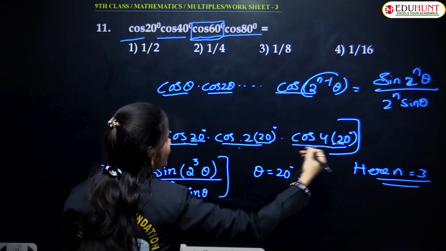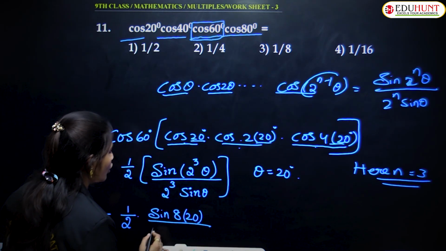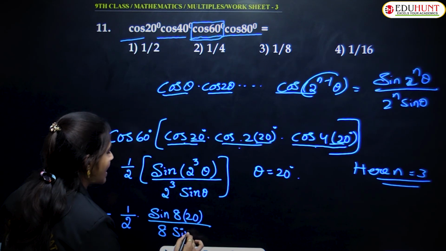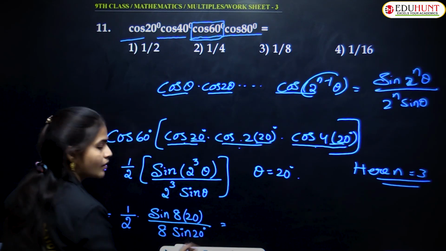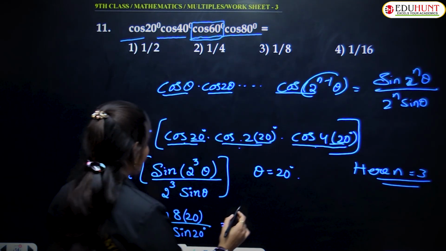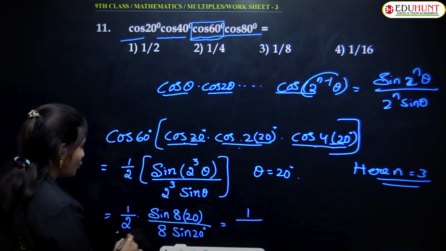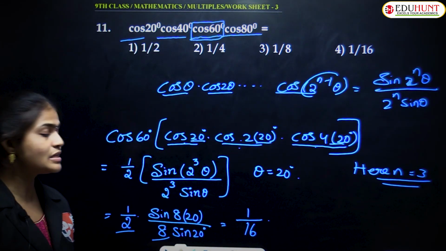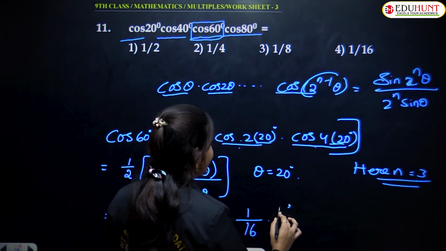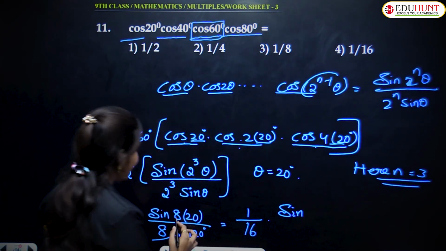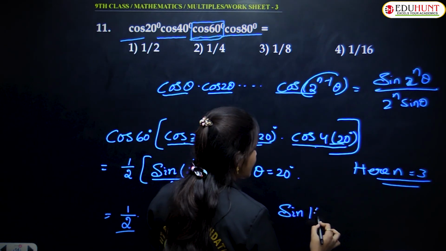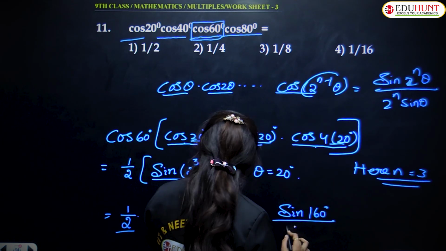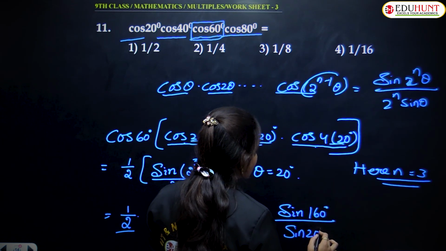So apply that here: 1 by 2 into sine of 2 cube, which is 8, into theta, which is 20 degrees, whole by 8 sine 20 degrees. Understand? So that is equal to 1 by 2 into 8, which is 16. 2 into 8 is 16, and here sine of 8 into 20, which is 160, whole by sine 20 degrees.